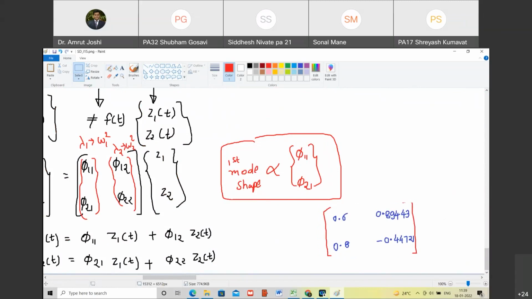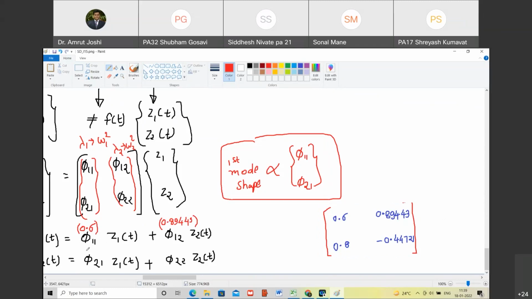So what will be the response of the system? Phi 11, that is 0.6, multiplied by Z1 of t plus 0.89443 into Z2 of t. Are you with me? Yes, sir.